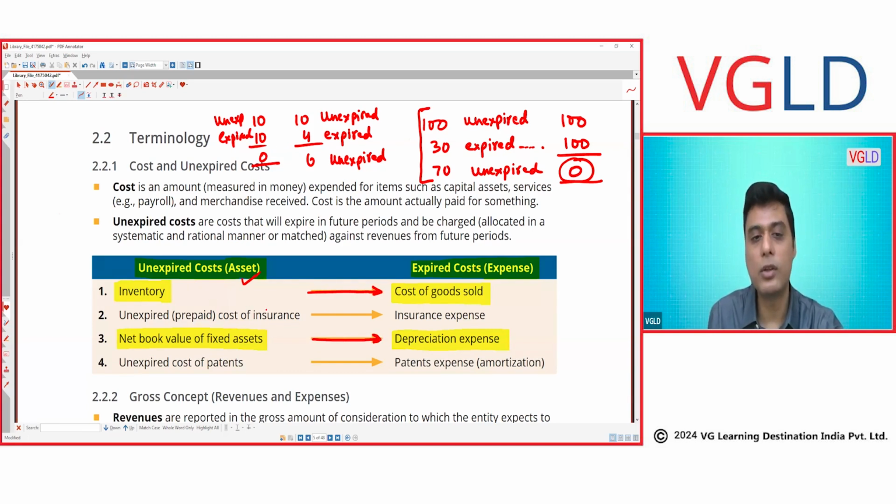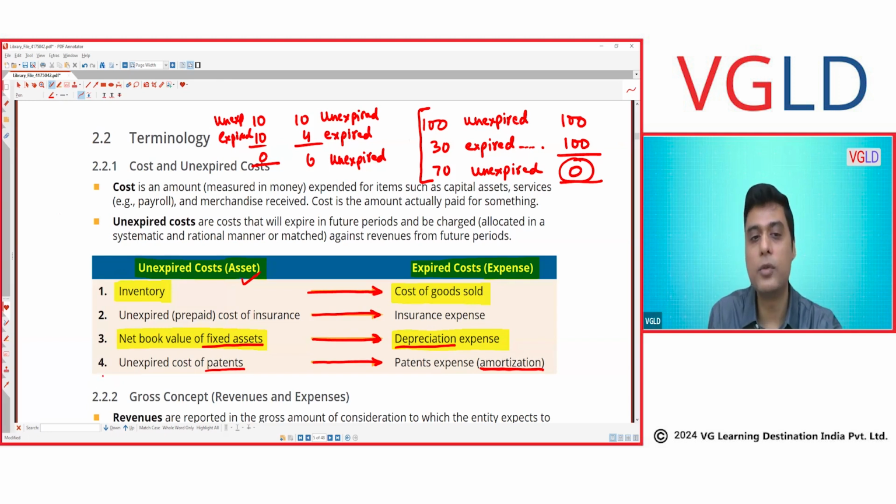Similarly, for insurance, prepaid insurance will go to the income statement as insurance expense. For patents, from the balance sheet, it will go to the income statement as amortization. So fixed assets will go into the income statement as depreciation. Intangibles will go into the income statement as amortization. And this is not an exhaustive list.